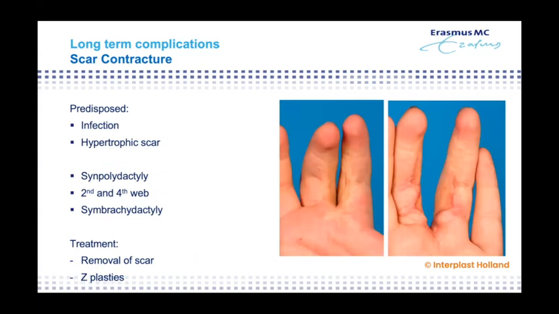Who will have scar contractures, and that is also very good to keep in mind, is, well, some patients will have infections. And I learned from a patient that had a very severe infection, and I was flabbergasted because I never saw it. And we did a bandage, we gave antibiotics, and nothing improved. And then I thought, can he have diabetes?